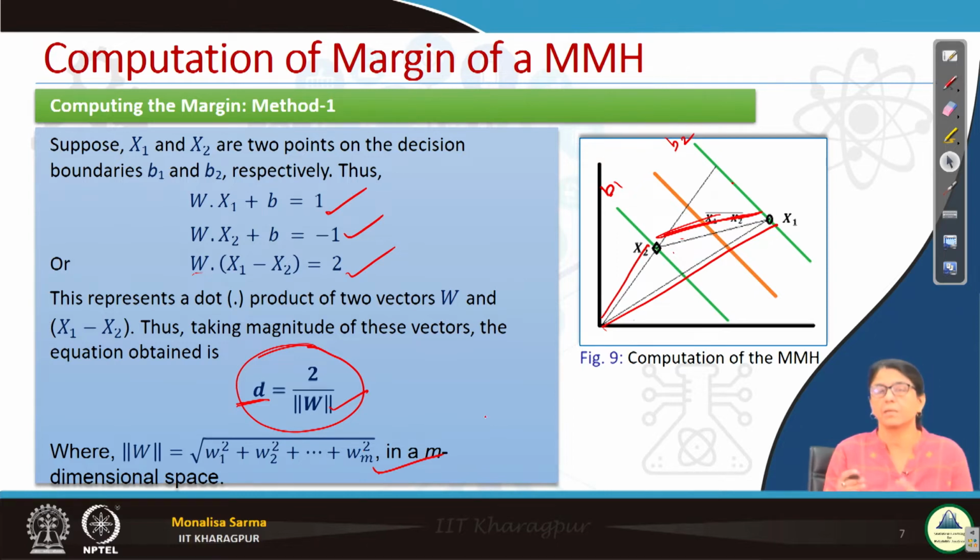It is in an m-dimensional space. Since we are considering x as m attributes, W will also be in an m-dimensional space. So the magnitude of W will be this. So what we got is that the distance between the two vectors is 2 divided by the magnitude of W. Okay. This is one method of calculating the margin.